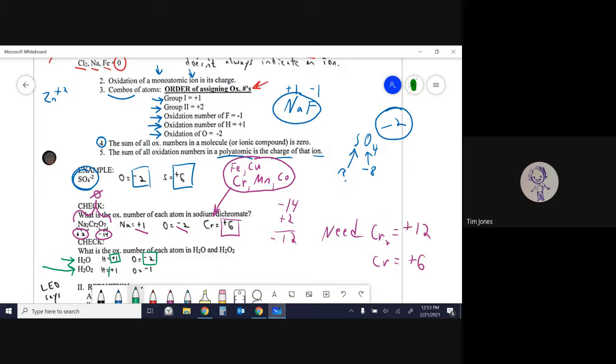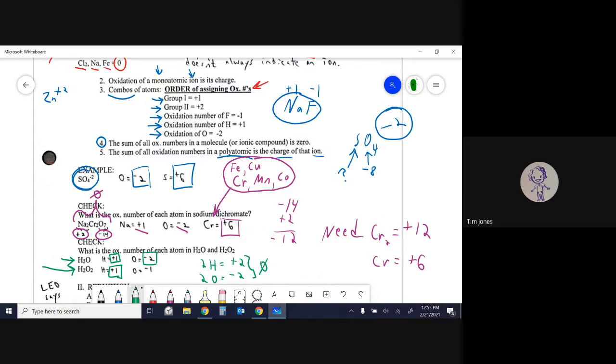Well, hydrogen's +1. And notice, if the 2 hydrogens make a total of +2, there are only 2 oxygens. And we need both oxygens to be a total of -2 because the overall group, H2O2, is a 0.